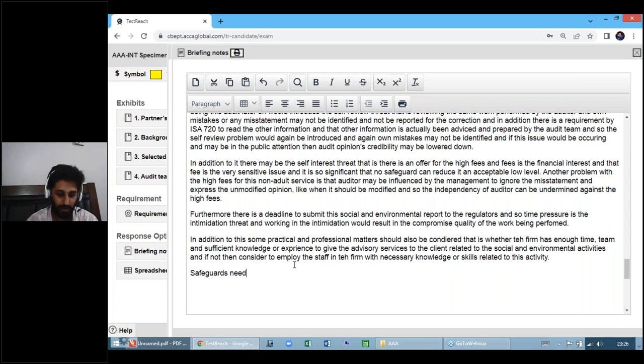So here safeguards need to be applied to reduce the ethical threats at an acceptable low level.